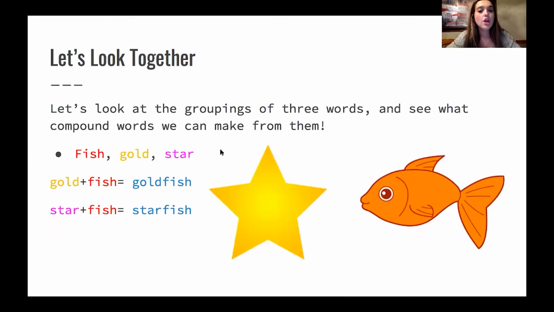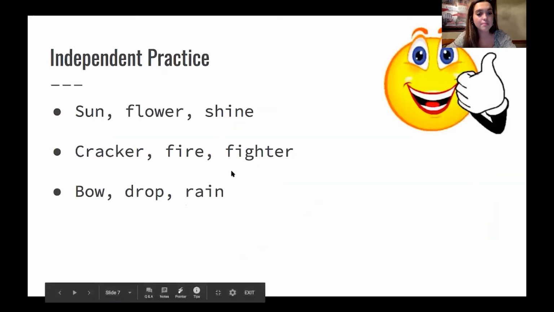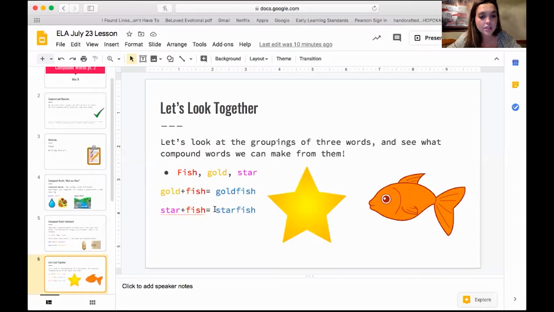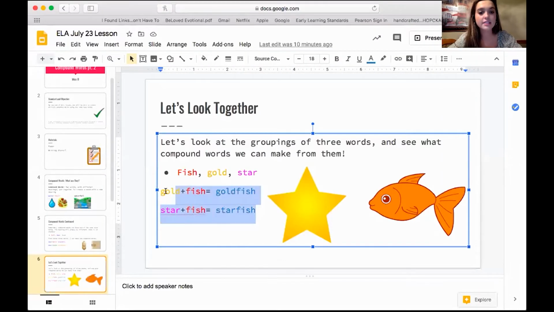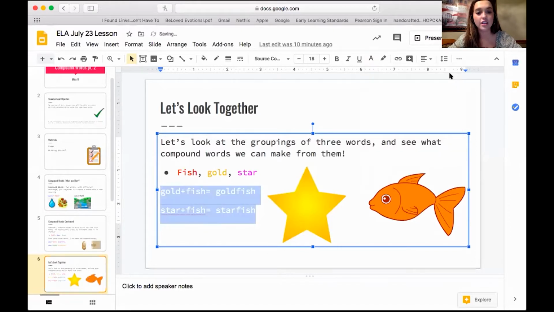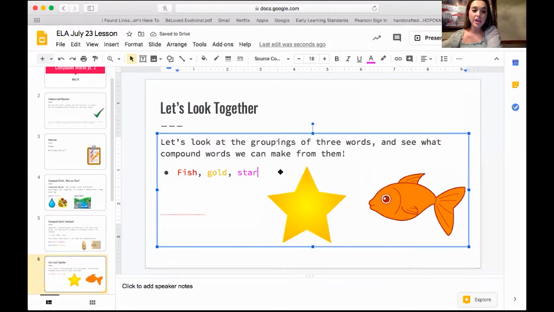All right, so here we go. Look at this grouping of 3 words, and let's see what we can make from them. I'm going to turn that white actually, so we can't really see it, okay? So we have 3 words here, okay?